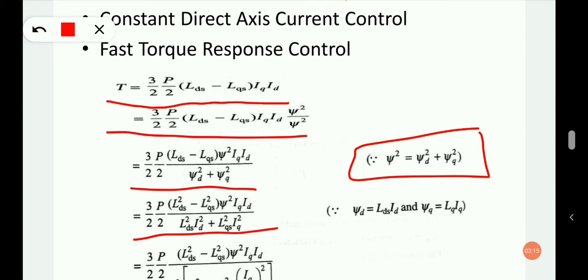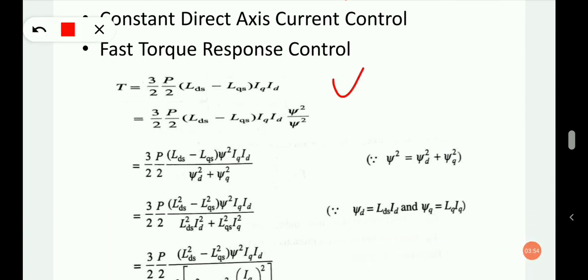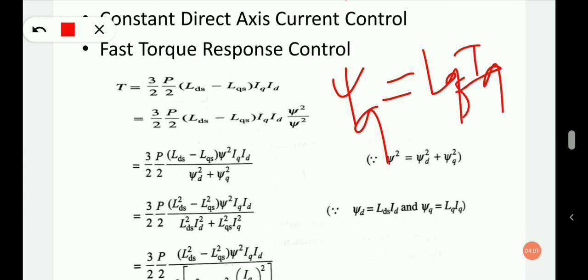So further, the first term is constant, that is 3/2 × P/2, in bracket (LDS square minus LQ square) psi square ID IQ upon (ID square LDS square plus IQ square LQ square), because psi d we can write as ID LDS, and similarly for psi q, it is LQS IQ.